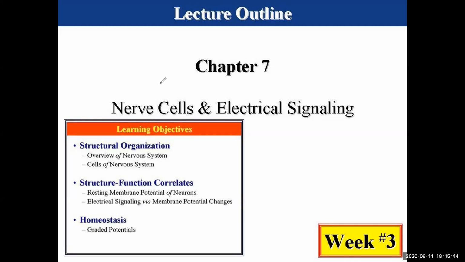But before we get to that, we have to do some quick review from anatomy, allowing us to put a mindset and make sure that we are on the same page. So we go back to review briefly the structural organization, meaning how the nervous system as an organ system is organized. So overview of the nervous system, and briefly going over the types of cells.